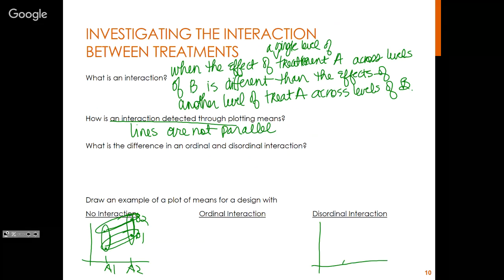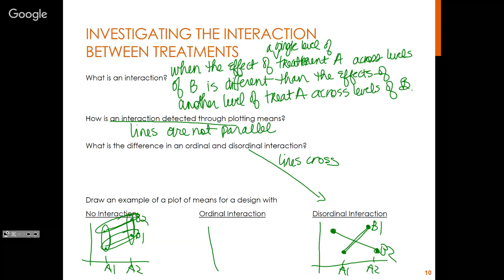So over here, A1, A2, my lines would look like this. B1 starts low at A1 and increases at A2, but B2 starts high at A1 and decreases lower at A2. So the difference is a disordinal interaction, the lines cross.